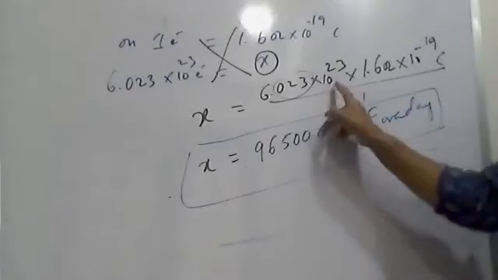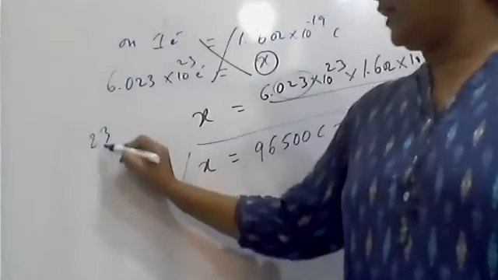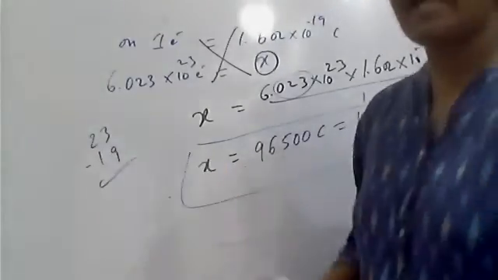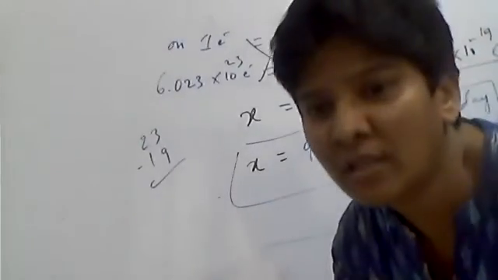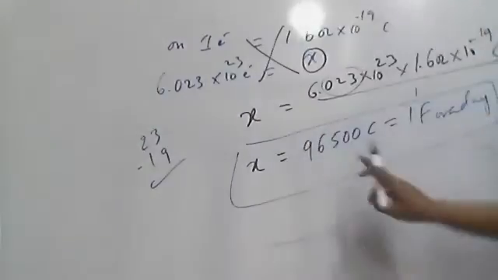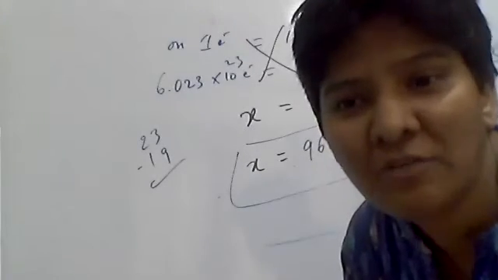Then see the powers, 23 minus 19. Subtract 23 minus 19, that is 10 power 4. So 9 into 10 power 4, approximately 9 followed by 4 zeros.